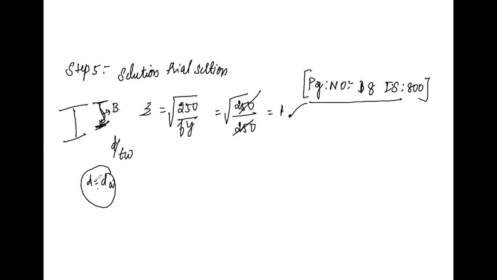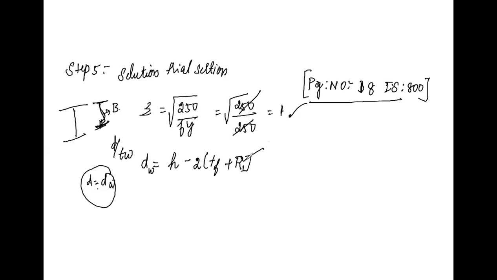For this, we have to calculate the DW. We know only the value of D by using the steel table. So by using the value of D, we have to calculate the value of DW. The formula is DW is equal to H minus 2 into (TF plus R1).